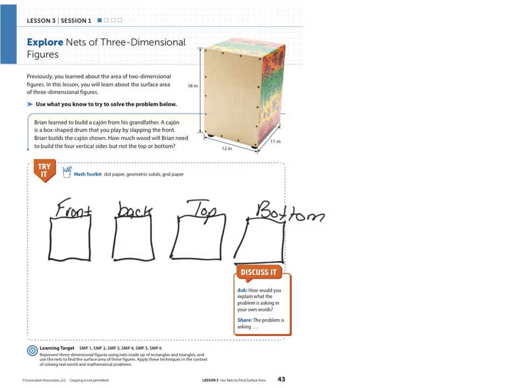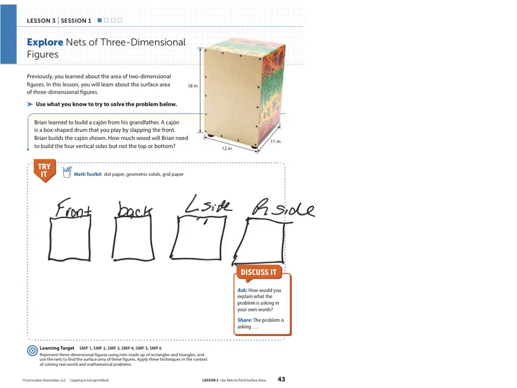Excuse me, I made the same mistake that I told you not to make. I'm going to erase this. This should not be my bottom. It says not the top or bottom. This is actually my left side and my right side. I'm glad I reread the problem again and caught that mistake. So my front, my back, my left, and my right.